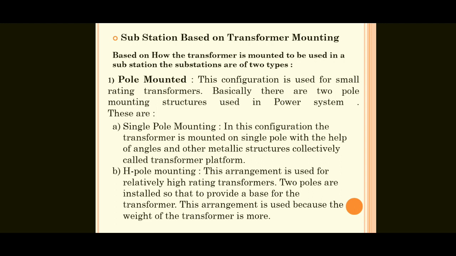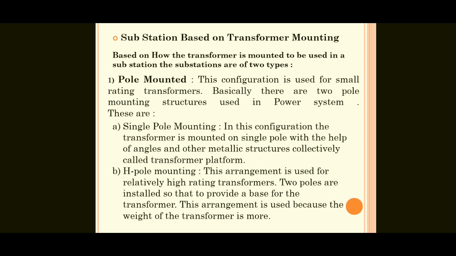In pole mounted, two types are present: single pole mounting and H pole mounting. Single pole means only one pole is present. H pole, two poles are present. That is a major difference.